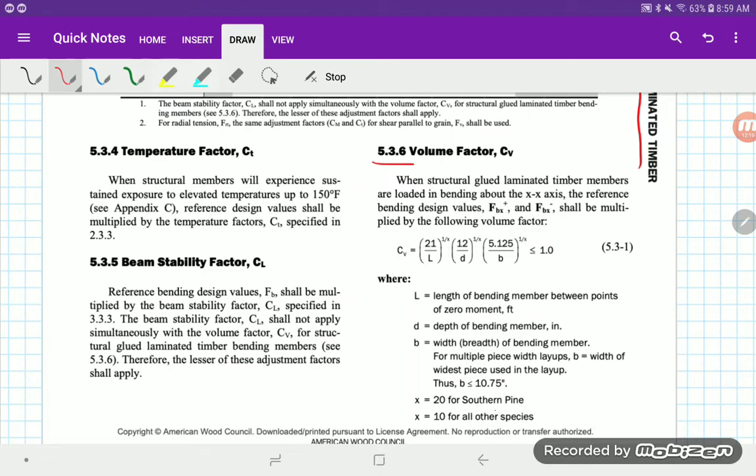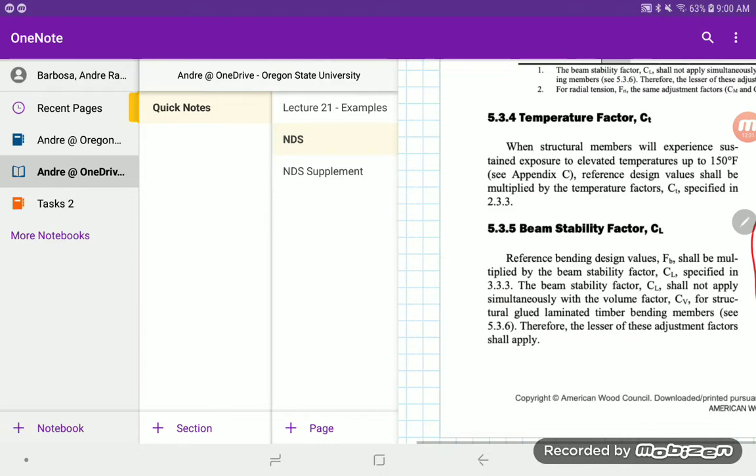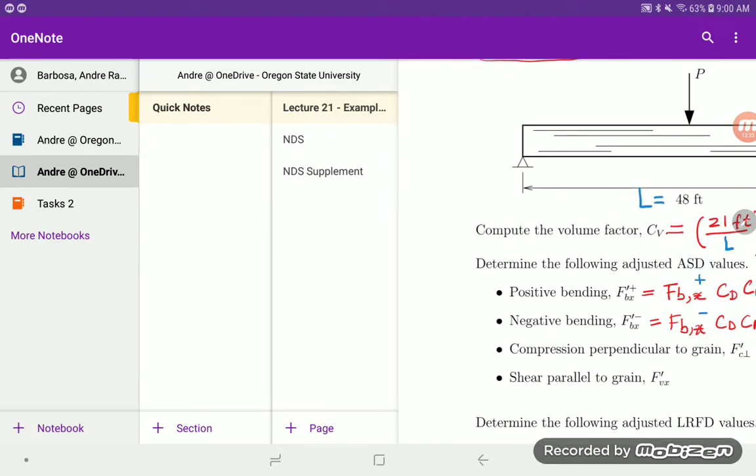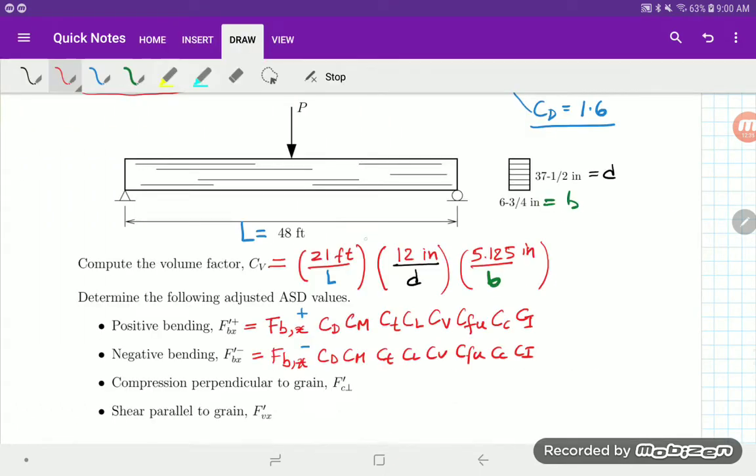And for all other species that aren't southern pine, we use 1 over 10 for our exponent, so 0.1. All of these numbers are going to have an exponent of 0.1. Once we compute it, all of this has to be less than or equal to 1.0.